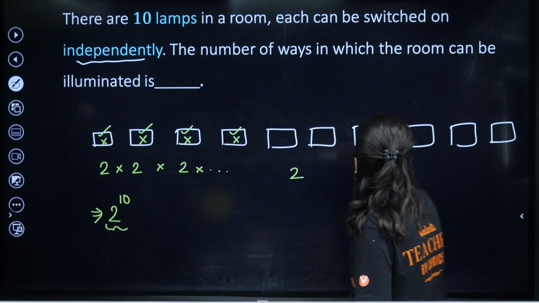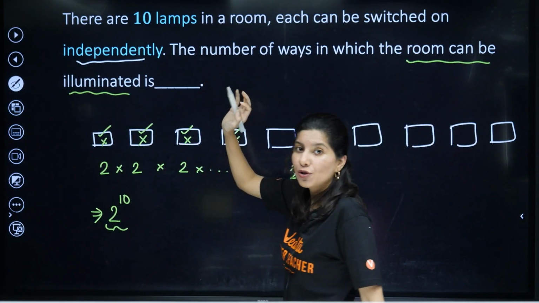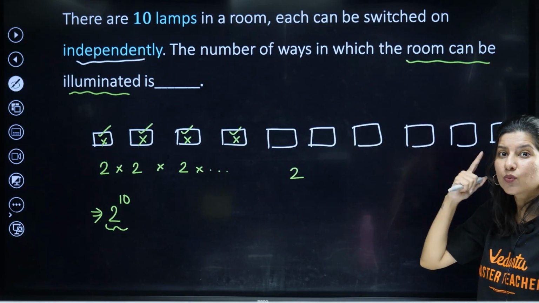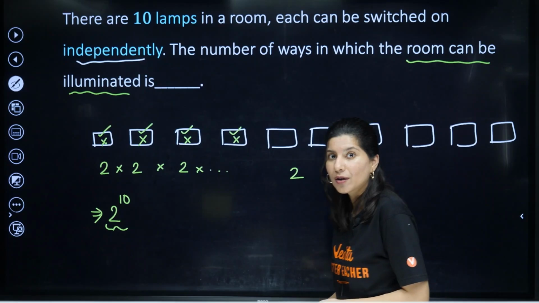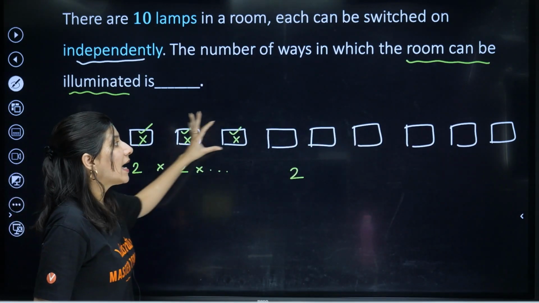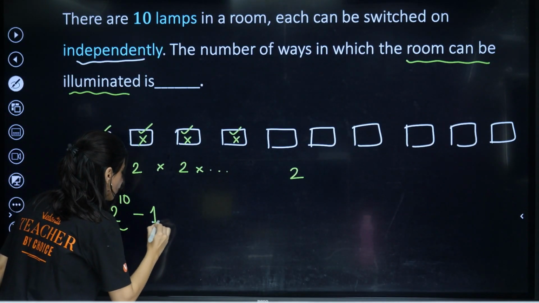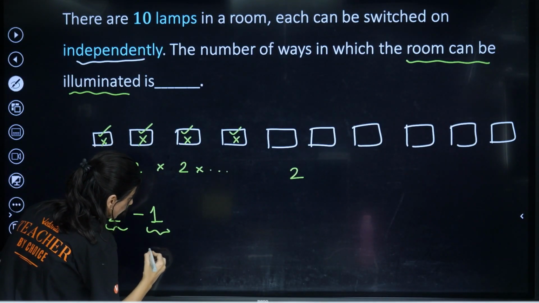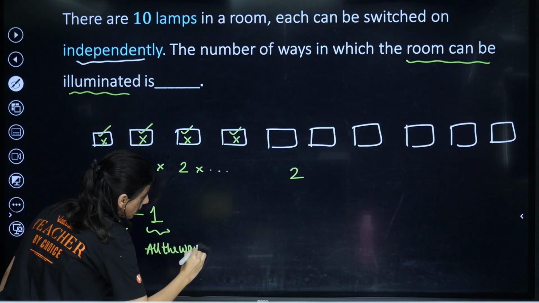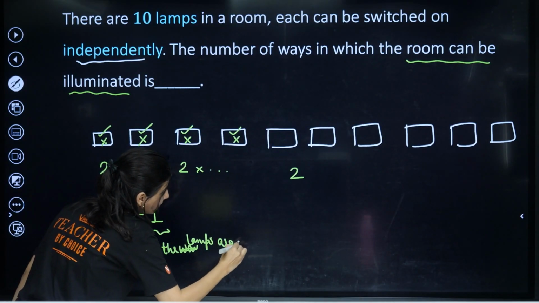What does that mean? Room should be illuminated means at least one lamp should be switched on. That means we do not want that case wherein all the lamps are off, and that will be a single case. So that's why we need to subtract 1, and this 1 is nothing but when all the lamps are off.